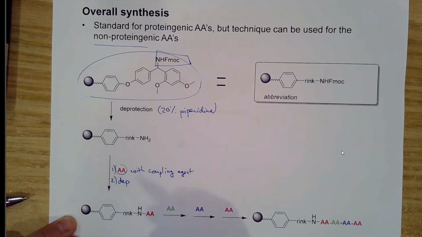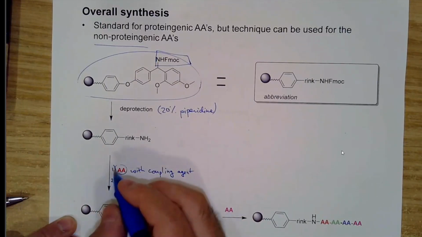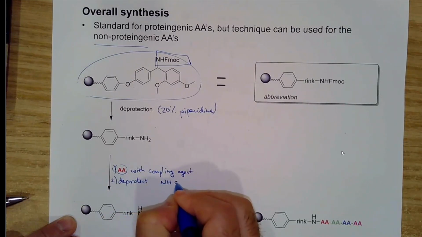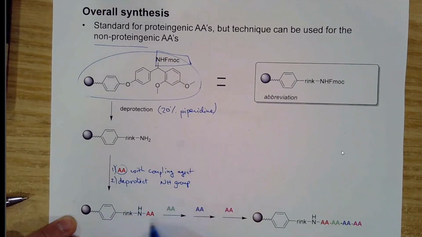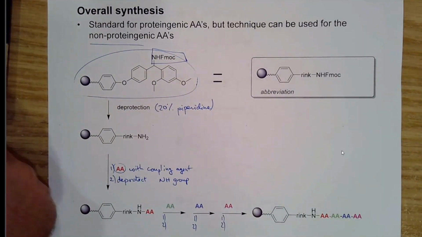If you don't protect the NH2 group of that amino acid during coupling, then you're going to generate all these polymers. Deprotect the NH group, and then you can undergo coupling over and over again, right? So you can see 1, 2, coupling reagent, 1, 2, coupling agent. And I've color coded this so you can see that, okay, you can basically pick your flavor and whatever amino acid you want and start growing your amino acid on that peptide chain.